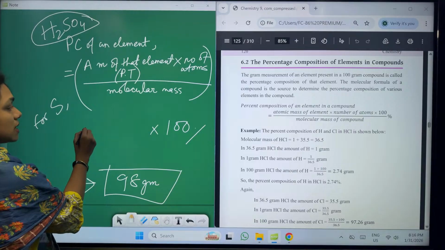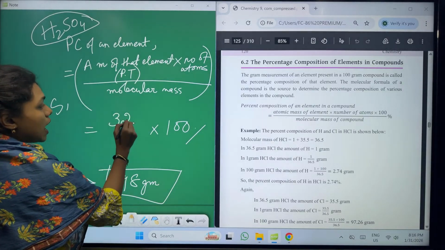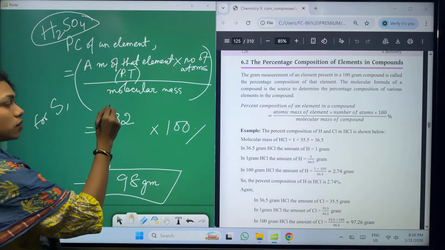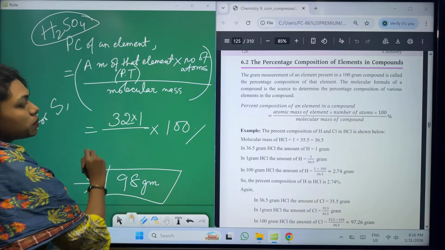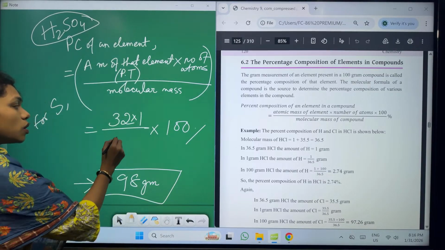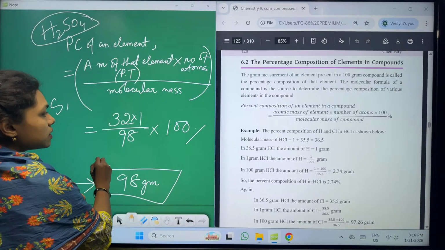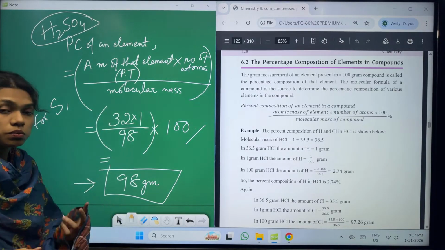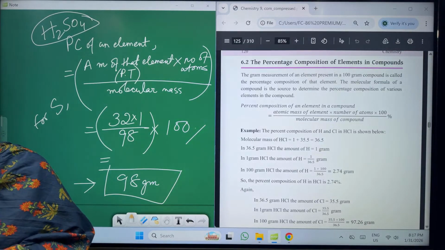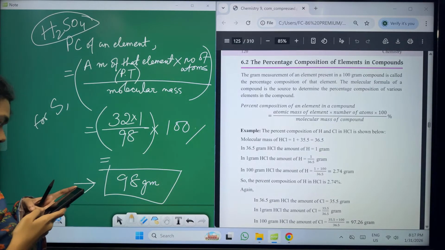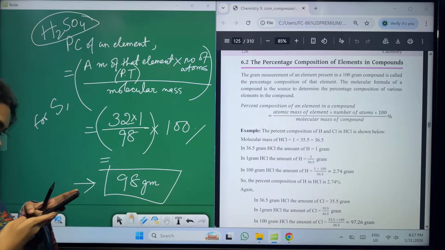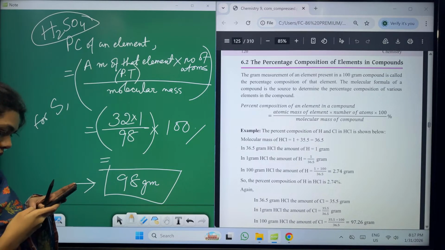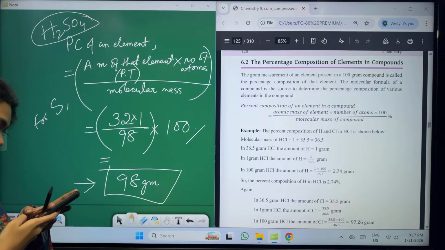We derive it as 32. And how many atoms of sulfur are there? 1, so 32 into 1, divided by the total molecular mass of the compound, 98. So that gives me 32 divided by 98, and the total thing must be multiplied by 100. Okay, let's do that. 32 divided by 98, and the total thing multiplied with 100.